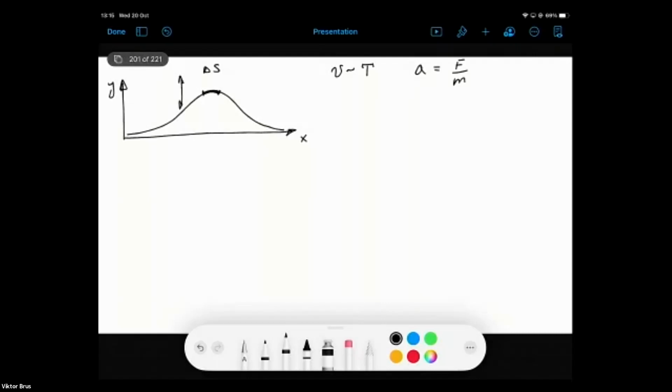We already mentioned that if we want to increase the velocity, the speed of propagation, we want high acceleration that will result from higher tension, meaning this force. So we have force in the numerator: larger force, larger acceleration. That is clear.